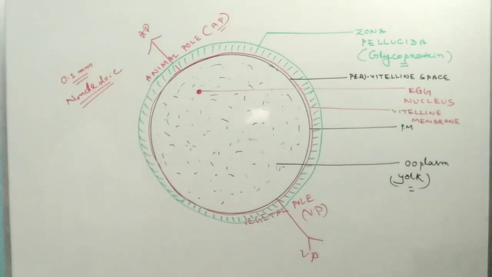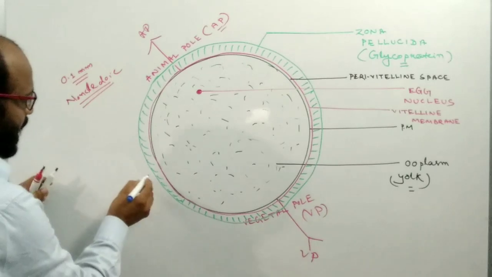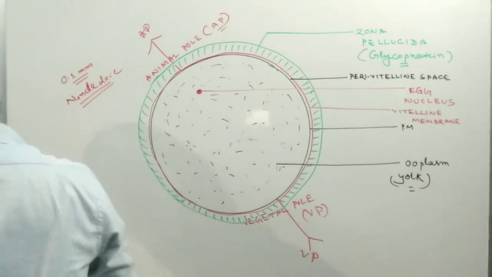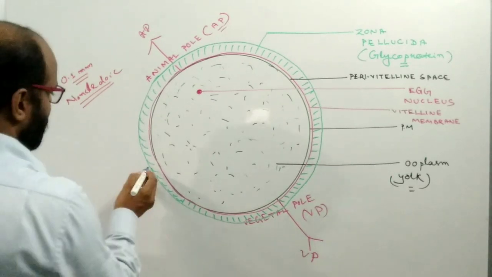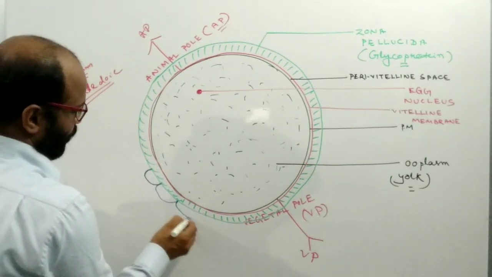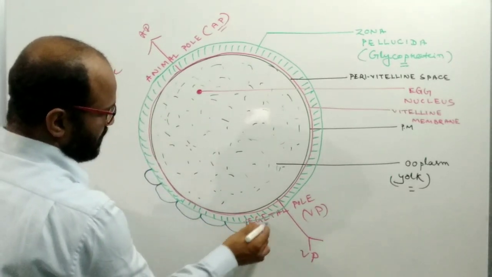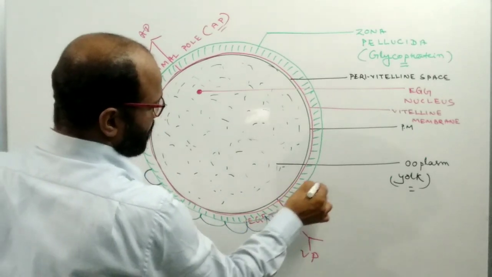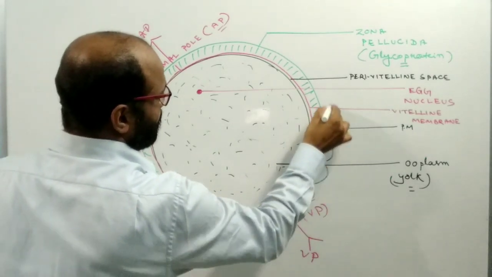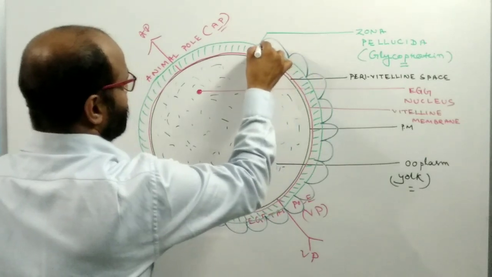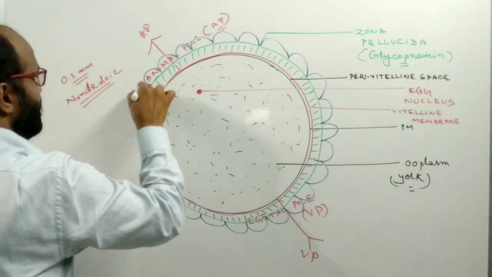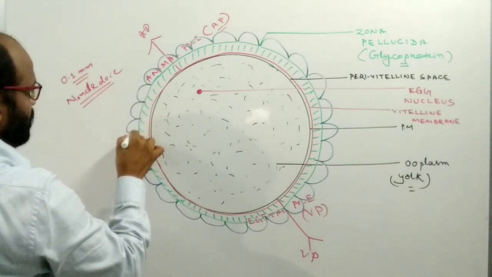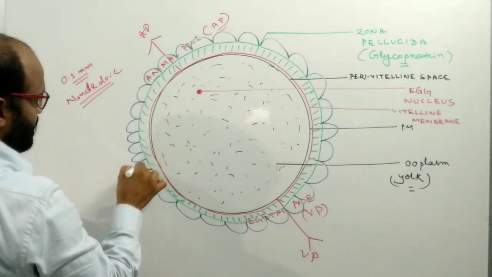Outer to the zona pellucida there is the attachment of follicular cells. These follicular cells attach to the outer surface of the zona pellucida and radiate from the surface of the egg.